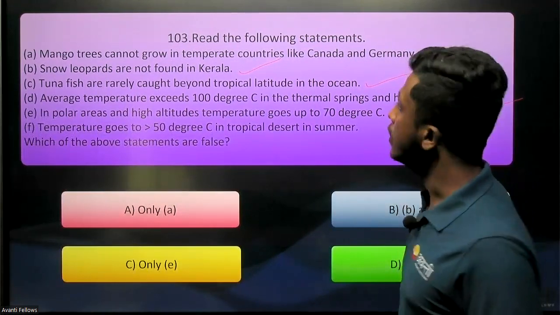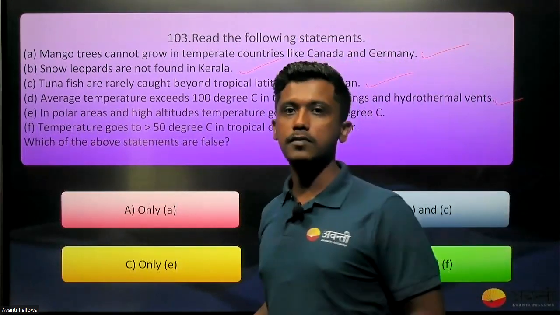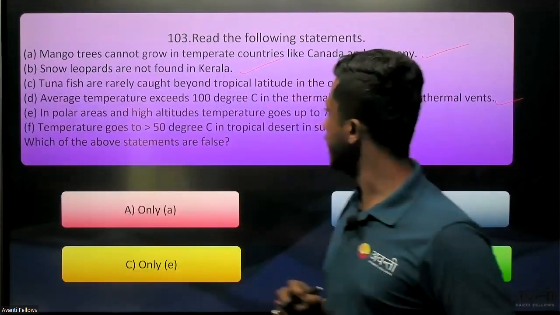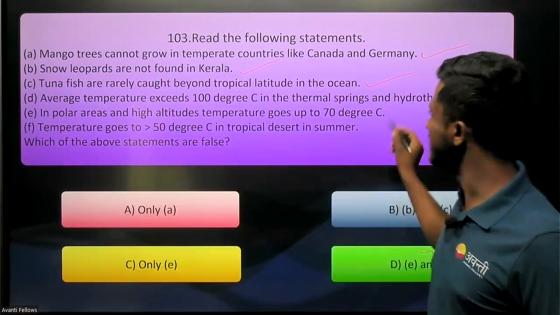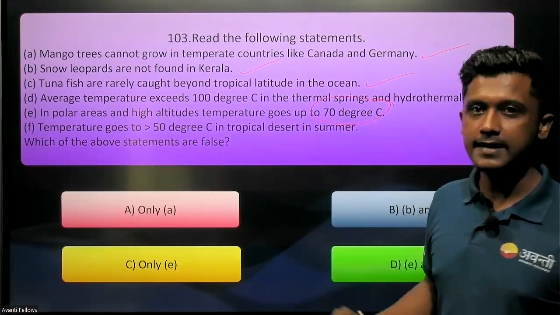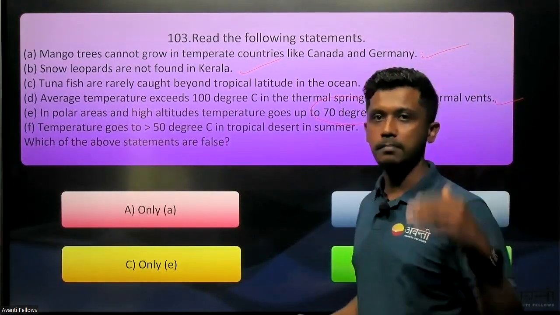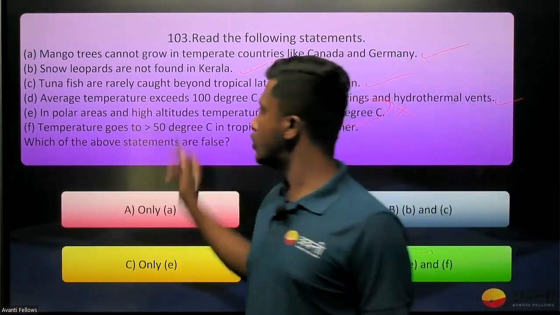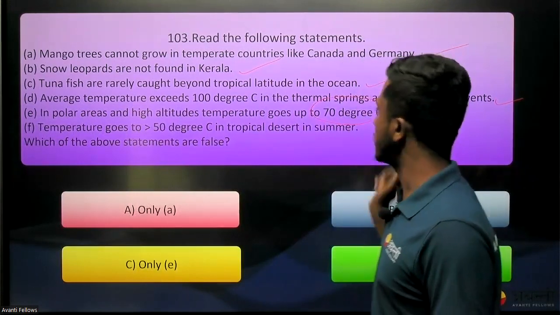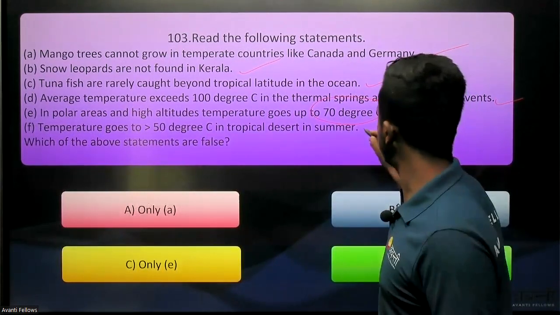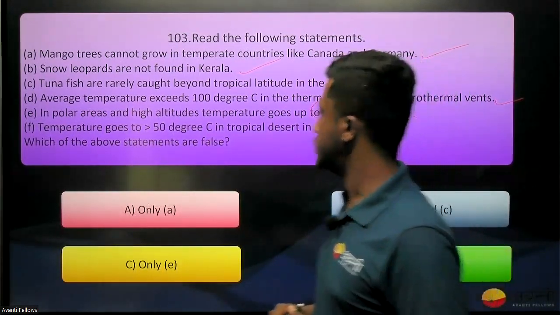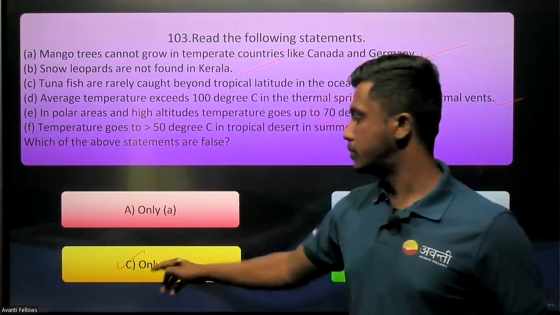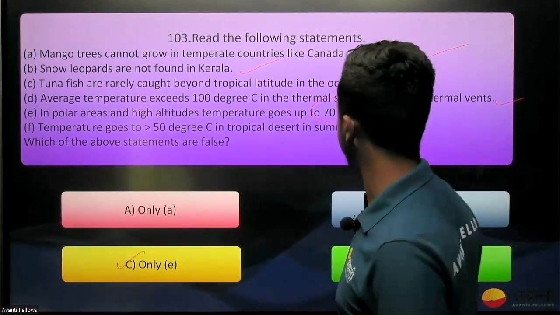This is also right, since in hydrothermal vents the temperature can go very high. Next, in polar areas and high altitudes, the temperature goes up to 70 degrees Celsius. It's given as plus 70, but in high altitudes it goes minus 30 to minus 50 degrees Celsius, so this statement is wrong. Temperature goes to greater than 50 degrees Celsius in tropical desert in summer. This is also right. So only E is false, which is option C. So option C is correct.